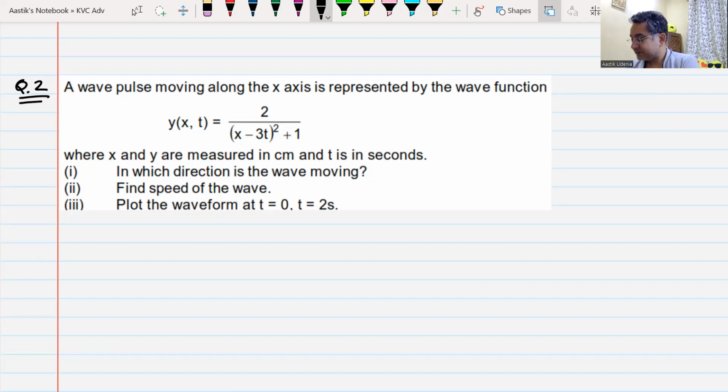In which direction is the pulse moving? You don't have to apply rocket science. You just apply what I had told you way before.